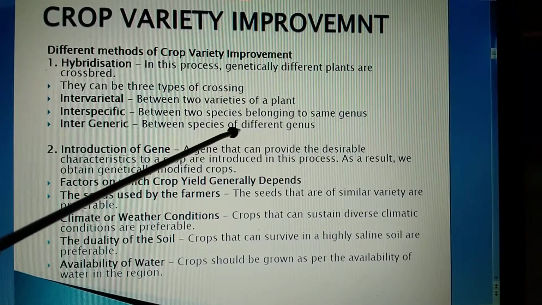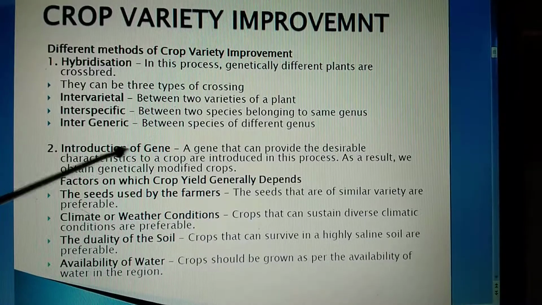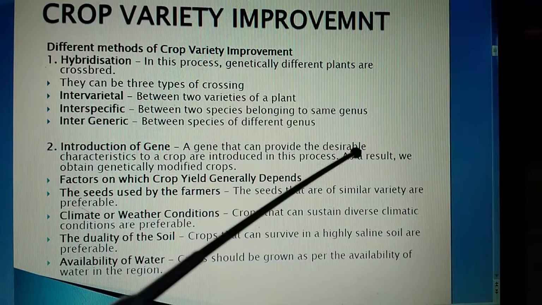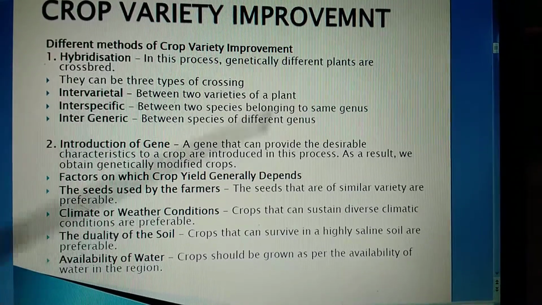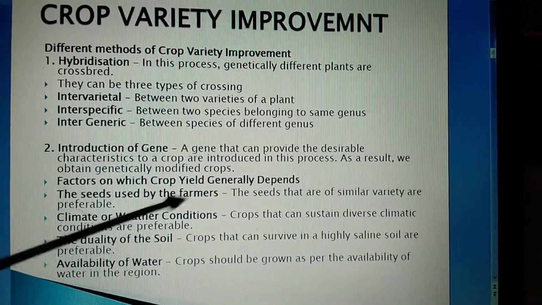The next improvement can be done with the introduction of a gene, where a gene that can provide a desirable characteristic to a crop is introduced.